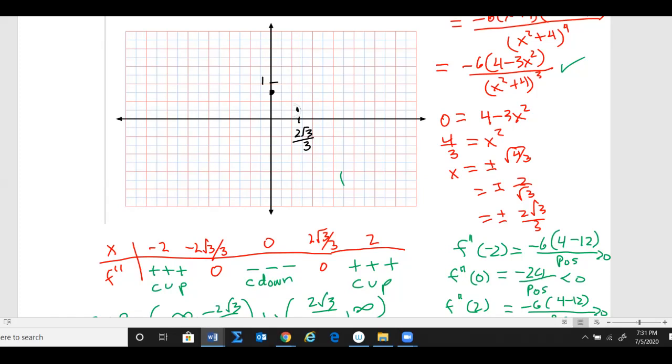Let me fix that. I want to try to be a little bit accurate here. If that's 1, then this is about it here. That's 2 root 3 over 3, and this is the minus 2 root 3 over 3. And you have a point somewhere over here, another one somewhere over here. And the graph is kind of coming together like this.